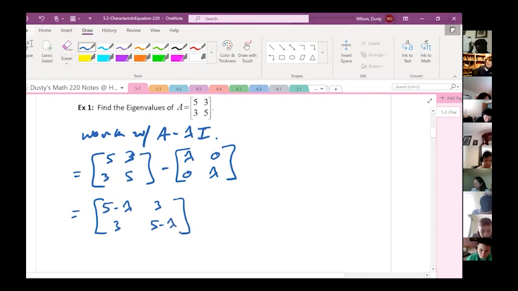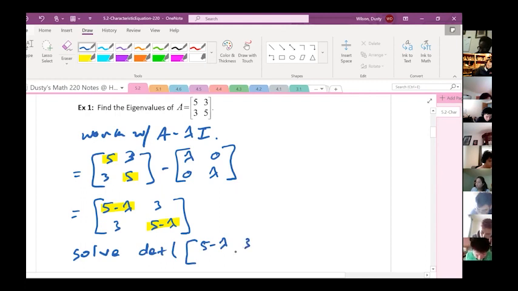So you'll notice that you end up with your diagonal entries minus lambda showing up. And so what we need to do is solve for when the determinant of this thing is equal to 0.